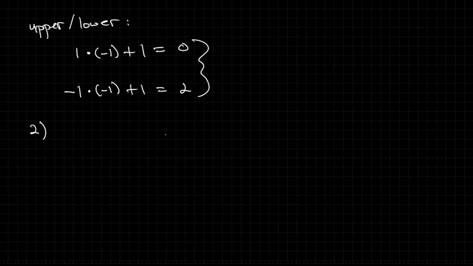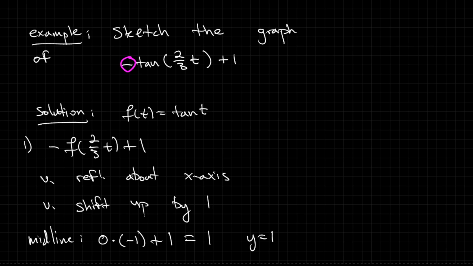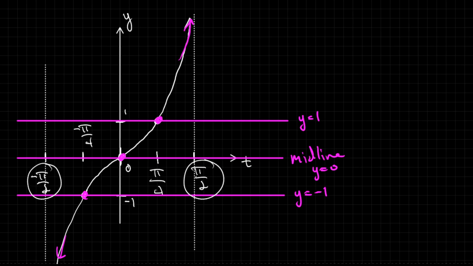Now let's do the second step, where we will find the important t-coordinates, just like we did with sine and cosine. Of course, there will be a slight difference here because with sine and cosine, we transformed 0 into pi, and then we found the rest of the important t-coordinates by taking averages.